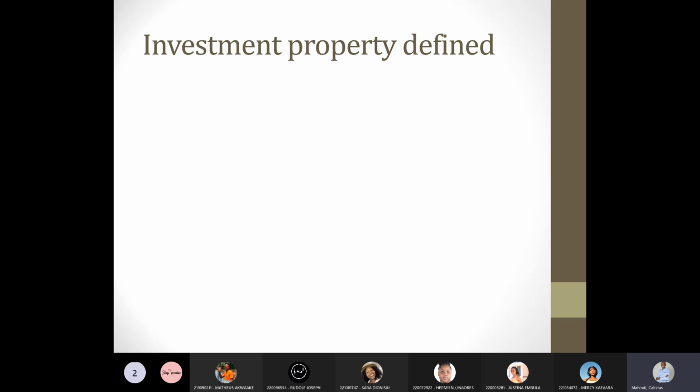Just by looking at the words investment property, what would you think it is? I'll only move on once I get input.